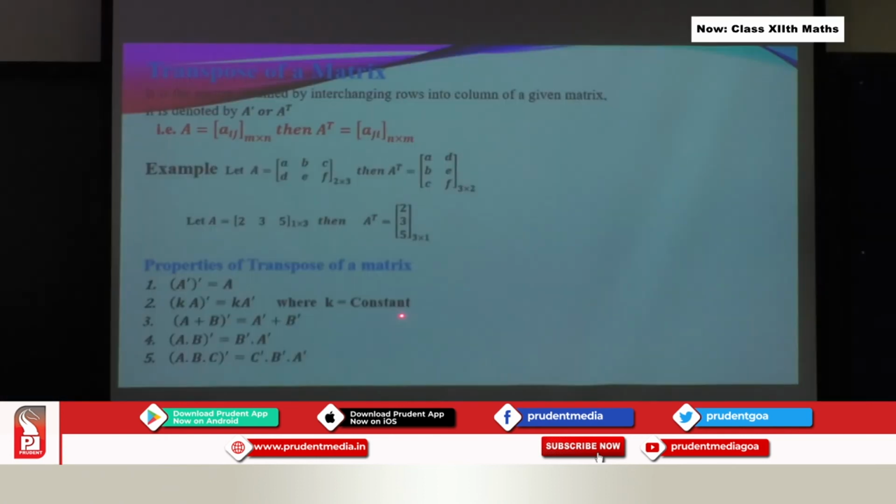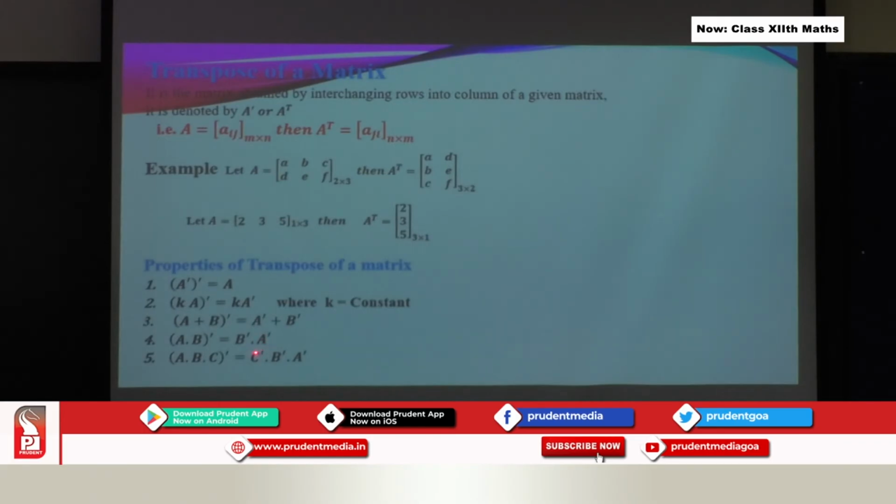Here k is your constant. Now when you add two matrices and take the transpose of it, it will be equal to the transpose of the first matrix plus the transpose of the second matrix. Now this fourth property is a very important property.